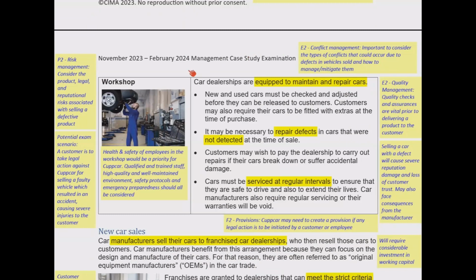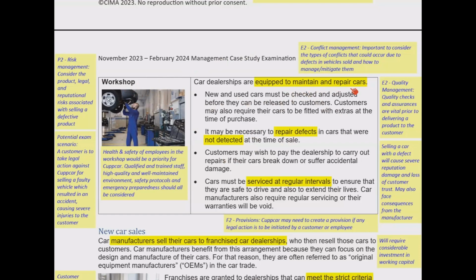The workshop that each dealership will have will offer many of those services. So we've got the concept of maintenance of cars. My car needs to be serviced once a year, and if you own a car, perhaps your car needs to be serviced as well. That is done within the workshop, and there is an income stream, a source of revenue for Cuppcar.